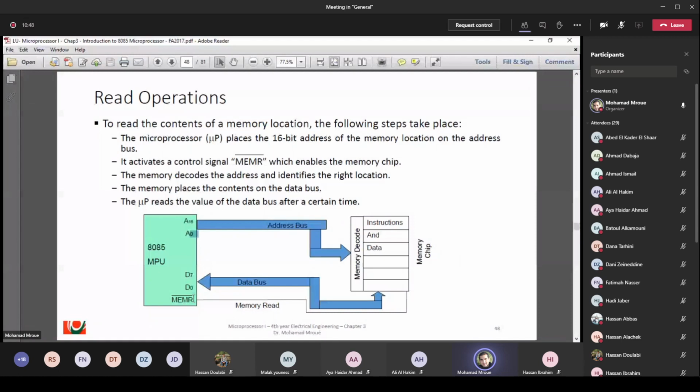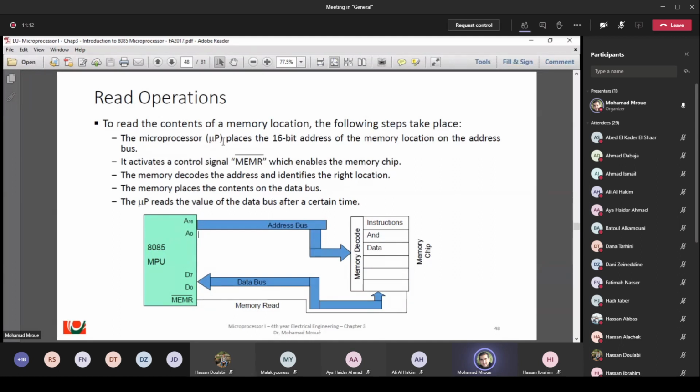So first the microprocessor places the 16-bit address of the memory location on the address bus. Here the microprocessor wants to transfer data from the memory into the microprocessor. So how does it happen? First, it must specify the address. The microprocessor places the 16-bit address of the memory location on the address bus.